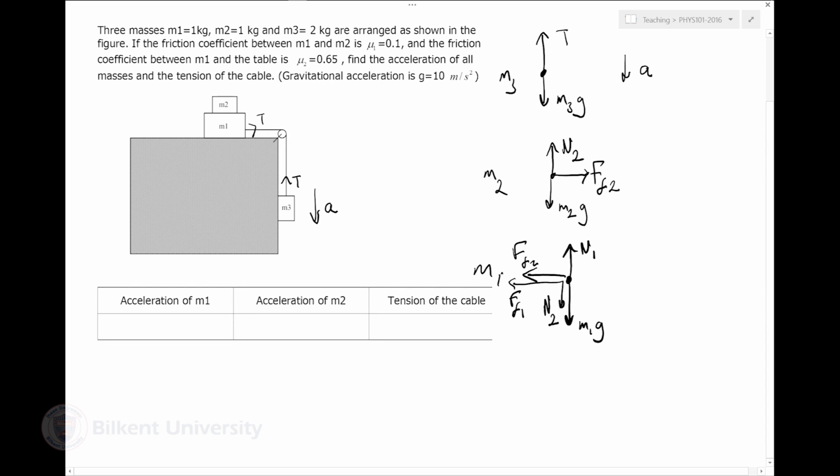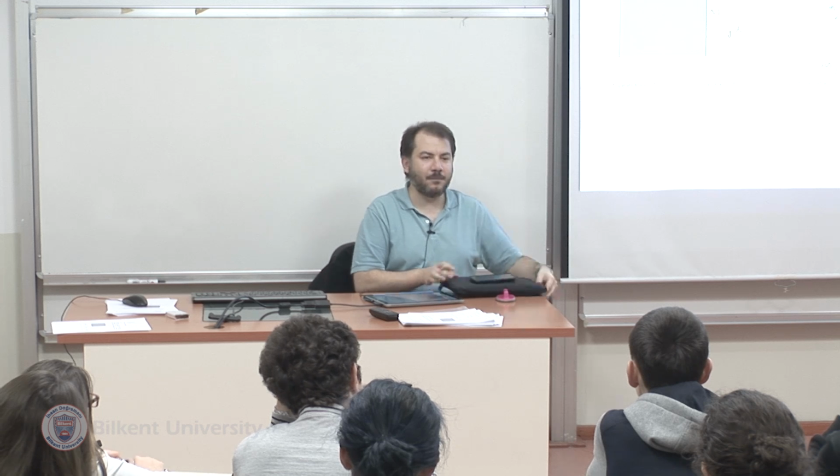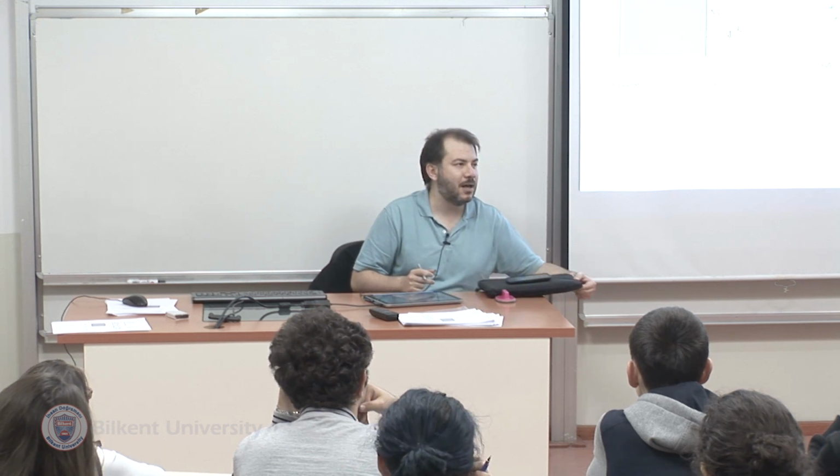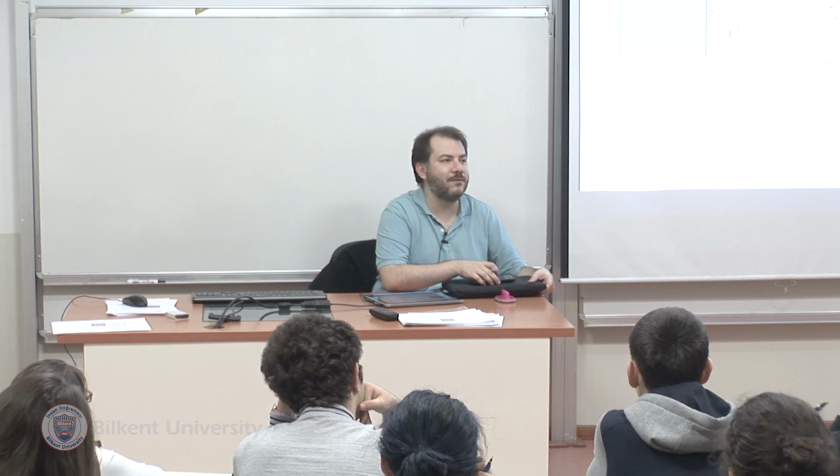Still, this problem is a little bit tricky, because there are two different kinds of motion possible in this system. In one case, M1 may be dragging M2 with it, so the relative motion of M2 and M1 is non-existent.